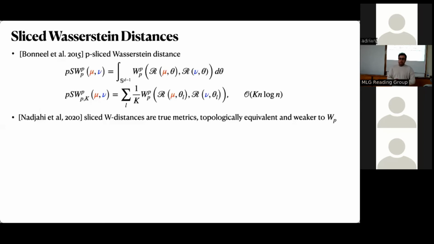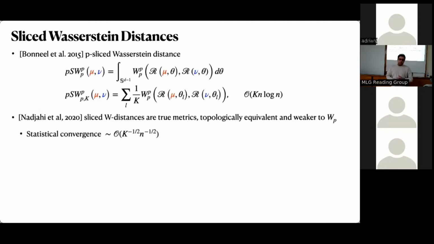And a lot of this work is very theoretical and very mathematical, but what it boils down to is that you end up with a lot of the same properties that a high dimensional Wasserstein space would have if you take this sliced Wasserstein distance instead. They are weaker properties, like functions tend to converge more slowly in the sliced Wasserstein space compared to the original space, but they are still topologically equivalent. So you can still interpolate between distributions using the sliced distance. You can still calculate barycenters, etc.